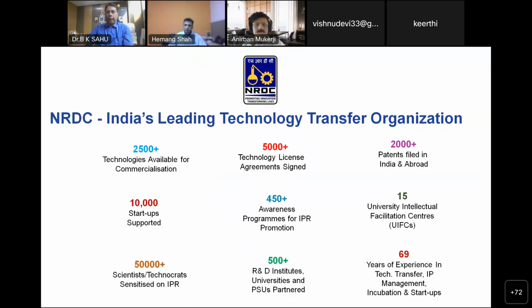So NRDC, as a national, leading technology transfer organization, is mitigating the challenge, providing hand-holding support to startups, MSMEs, industry and academia in the country, and providing affordable technology in an adaptive way to the community, to MSMEs and startups.